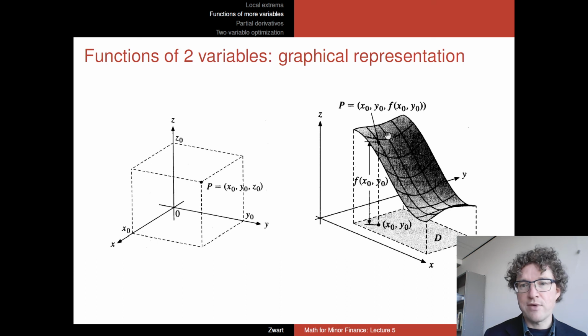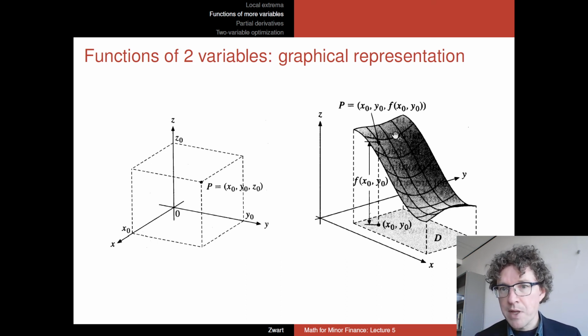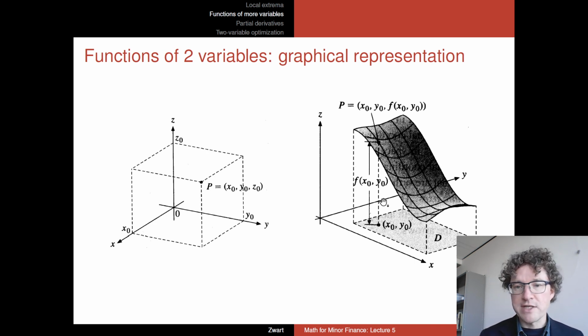So the height of the graph here shows the function value for each choice of x and y as inputs to this function. So it's a function of two variables which gives back a height, a number z.